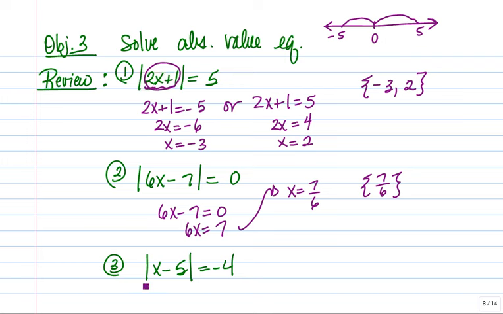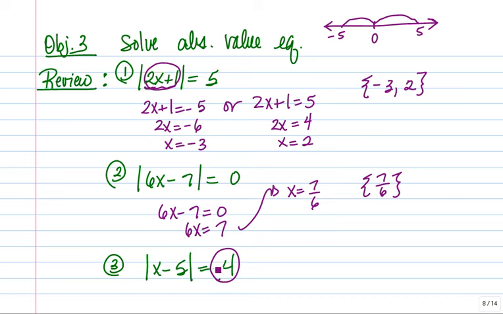but this is a way to solve them analytically. Now, what about absolute value of x minus 5 is equal to negative 4? This would be saying that the distance from 0 is negative 4 units. But distance, or absolute value, if you remember from what we were doing graphically, is never negative. Sorry, you English majors out there, that's a double negative, but absolute value is always positive or 0.